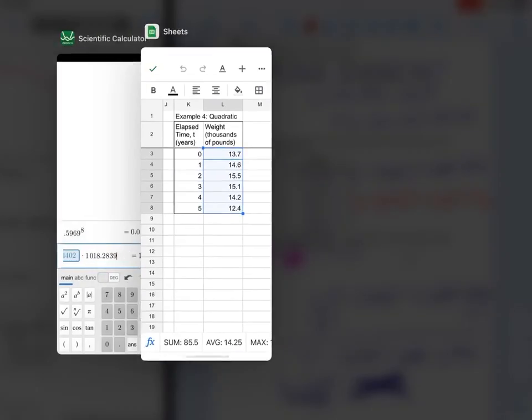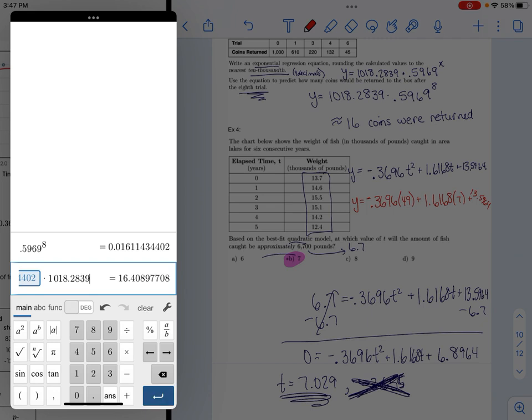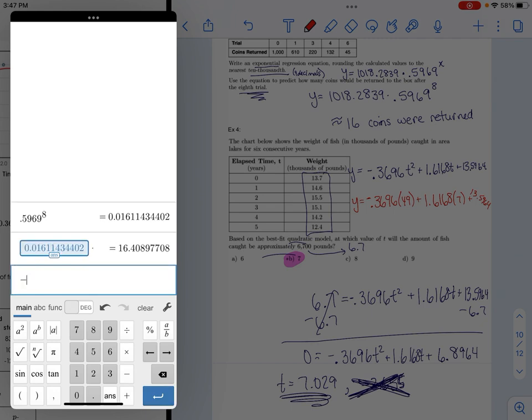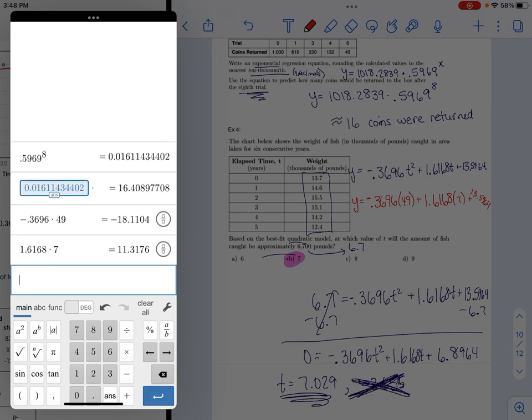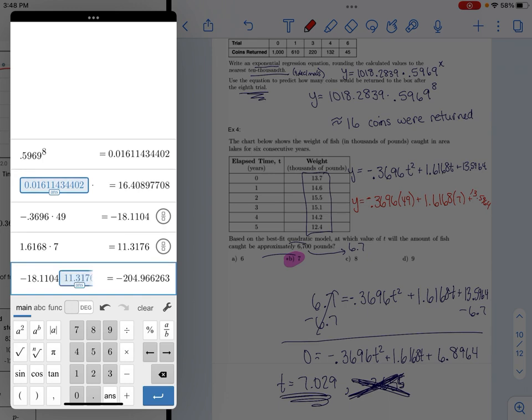Okay, so when I multiply these, that is my answer for the first part. When I multiply these, that is my answer for the second part, and then I'm just going to take these and either add or subtract everything.